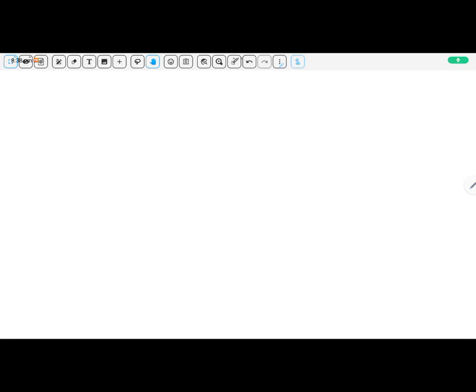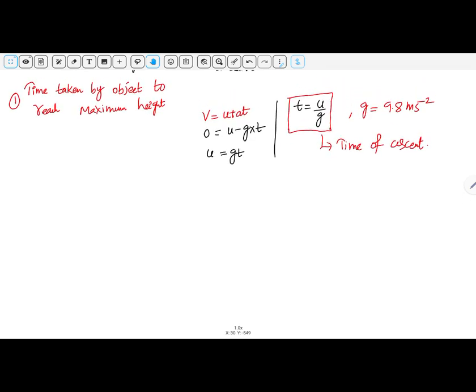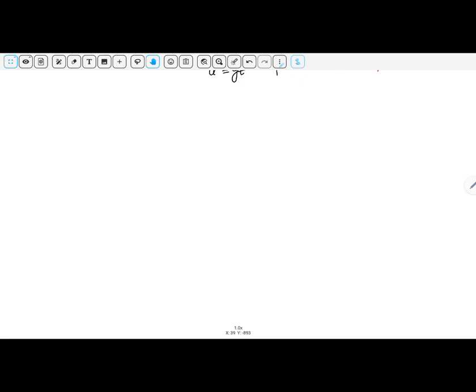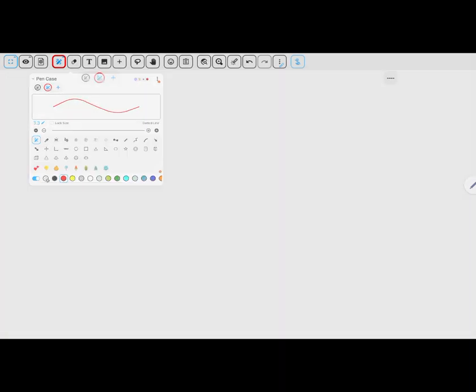Now, let me go to the second situation. In the previous video, we found the time taken by the object to reach the maximum height. Now, we will find the second one related to this particular situation. That second one is, let me keep it in a separate color.